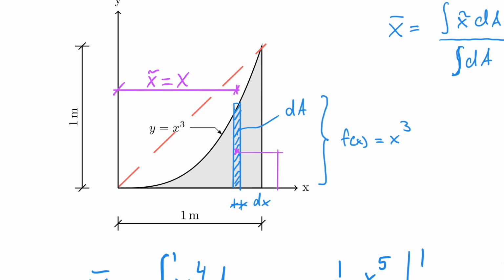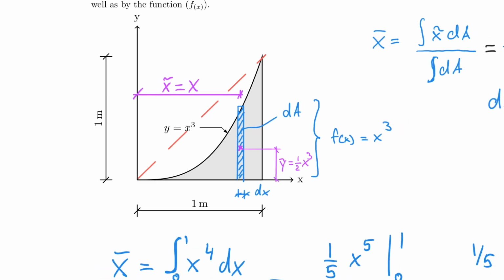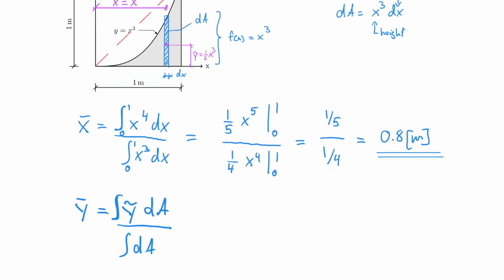And that would be y tilde, which is equal to 1/2 f of x, which is x to the 3, right? So that is my distance here. And now the rest I can do as before.